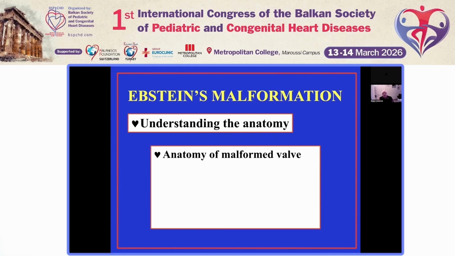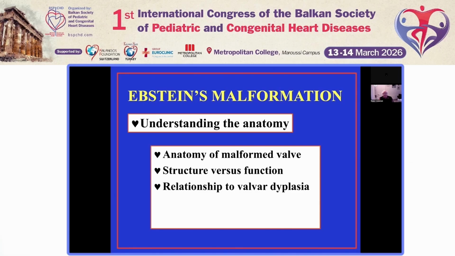I've emphasized the normal anatomy because I now want to put that into the context of the most important malformation of the valve, which is the one initially described by Ebstein. And if we are to understand the anatomy of the malformed valve, we need to put that into the context of the normal valve, and here its function is just as important as its structure.